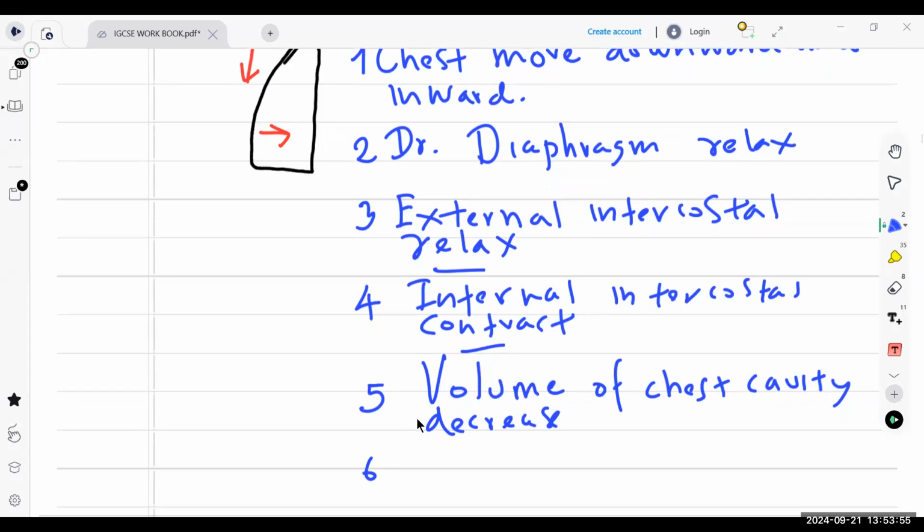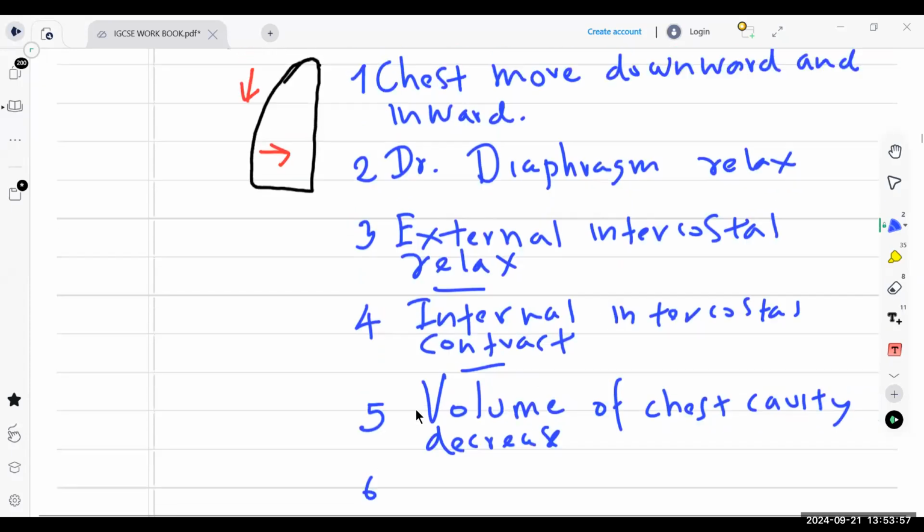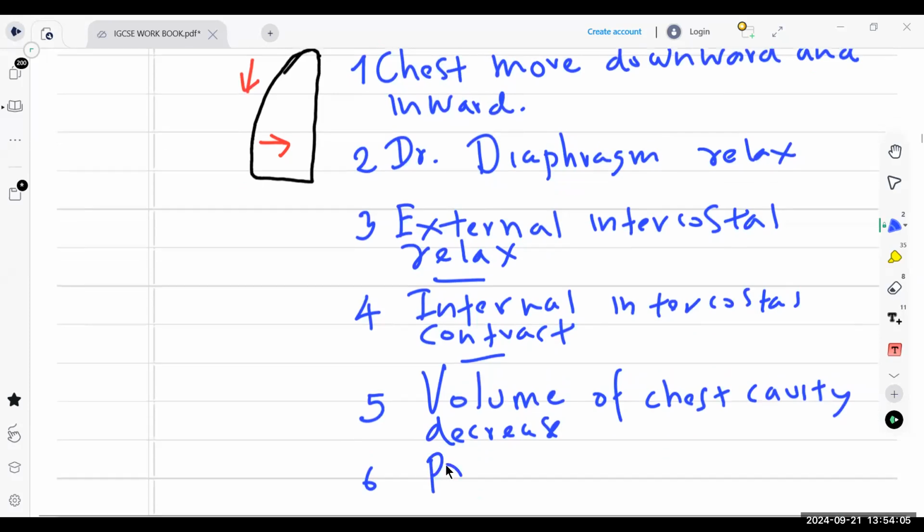So if volume decreases, what happens to the pressure? Pressure increase or decrease? Increase. When the volume decreases, pressure increases, right?